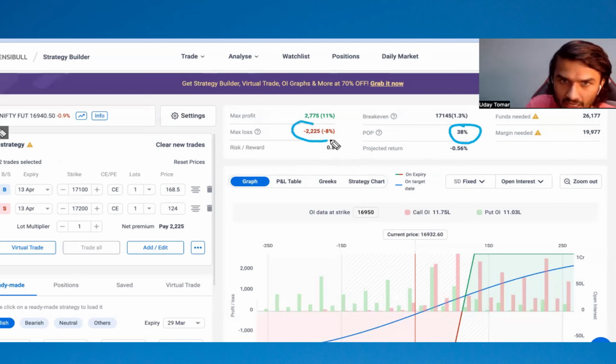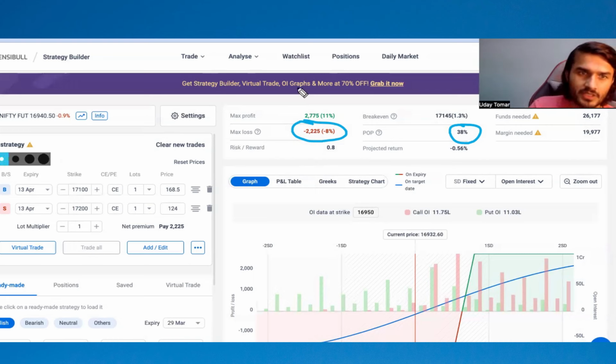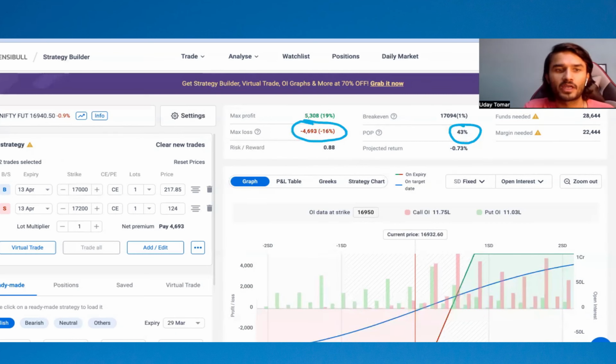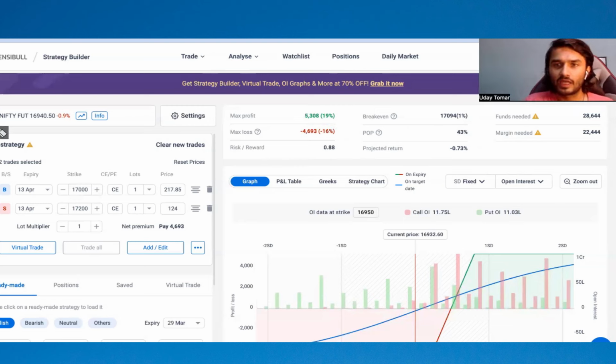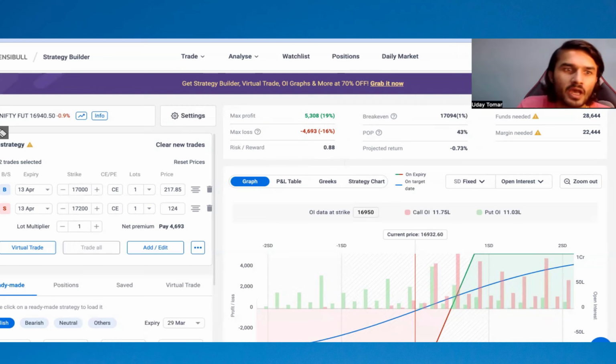But yes, your risk has also come down, but I personally don't see that your risk should be lower. I personally want to deploy a strategy wherein my break even is lower and also my probability of profit is higher. For that reason, I always choose at the money or in the money options. So this is the strategy which we have deployed, and later slowly I will show you what will happen with this strategy.